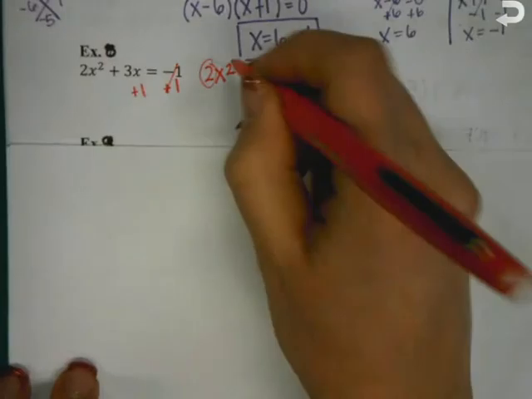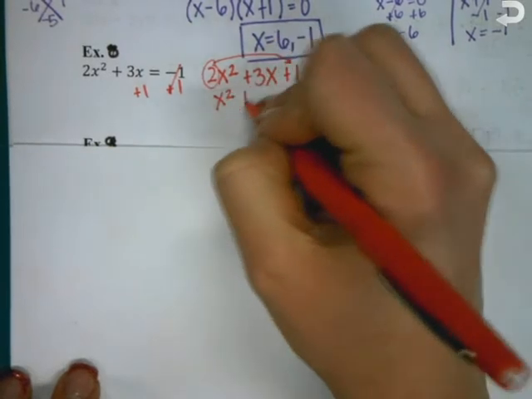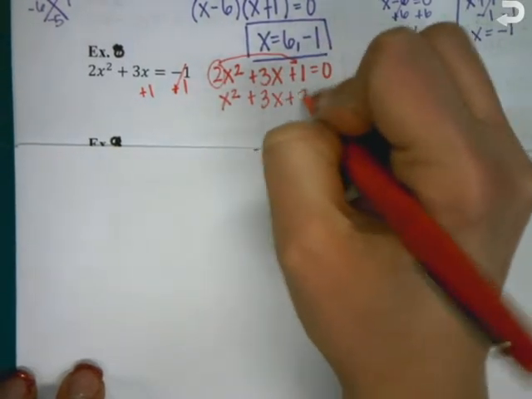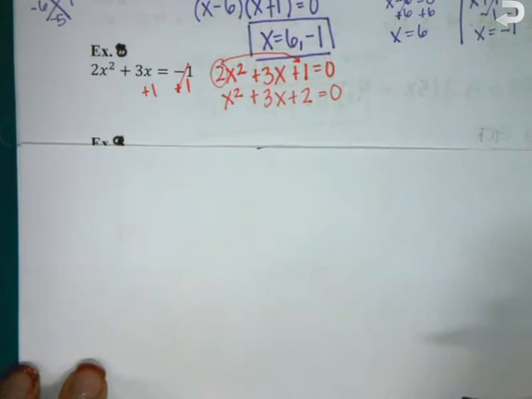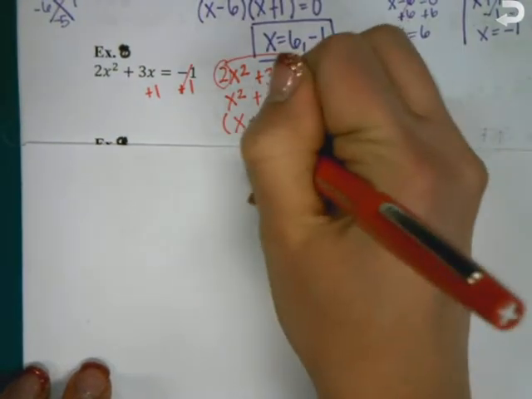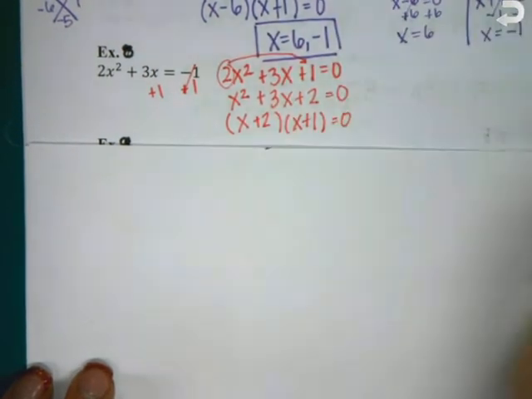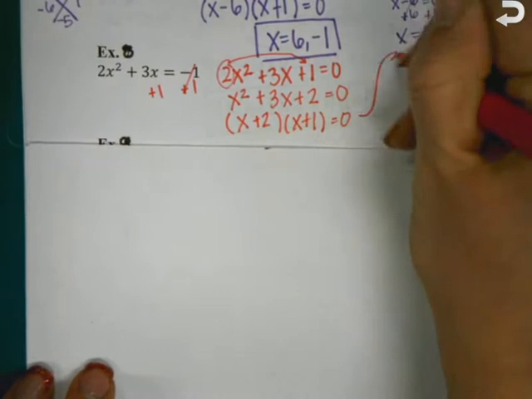We can factor that using diamond. x plus 2, x plus 1 equals 0. And then we divide both sides by 2. Those 2's reduce to 1, and then I bring the other bottom up.